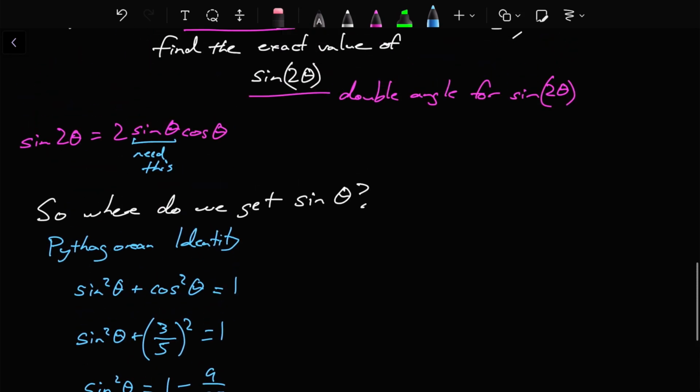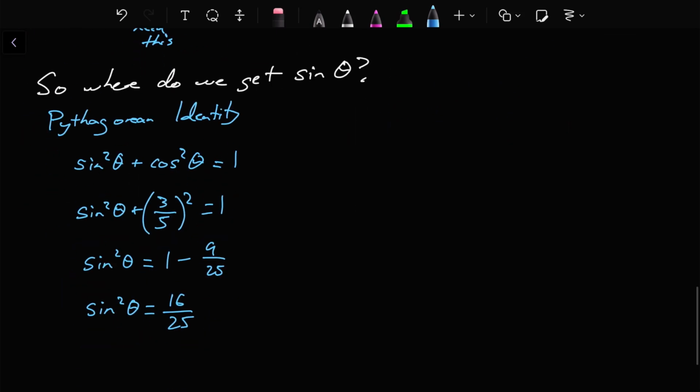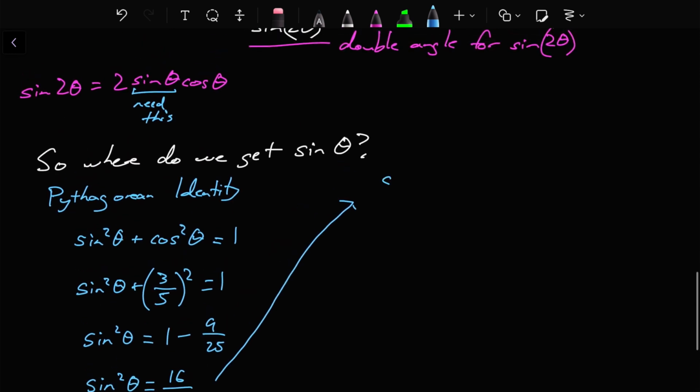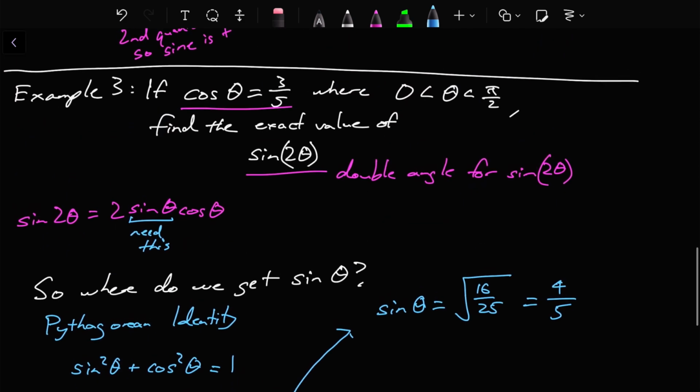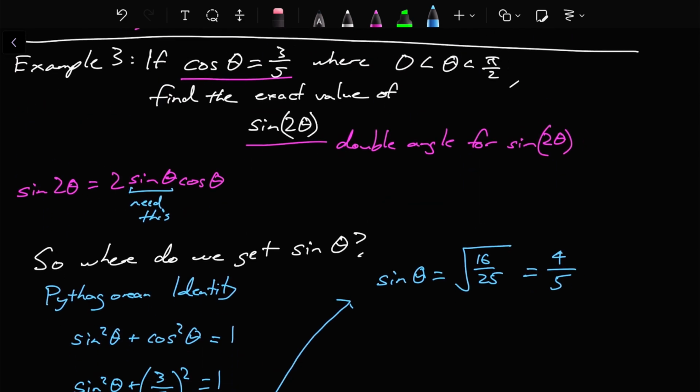Whoa, that's cool. So we go back up here and we say sine theta is equal to the square root of 16 over 25, which is the square root of the top and the bottom, so 4 over 5. Now, there's one thing that we have to check.